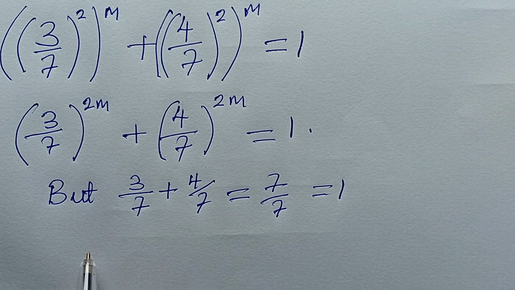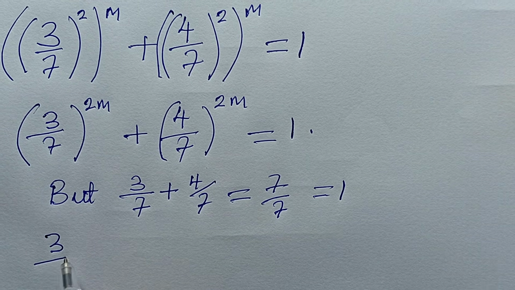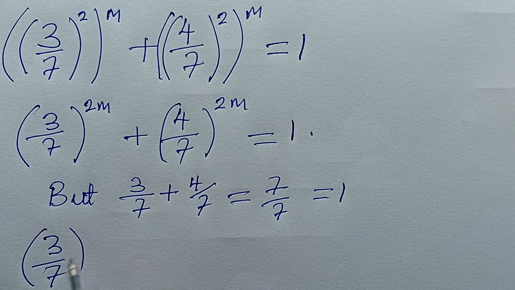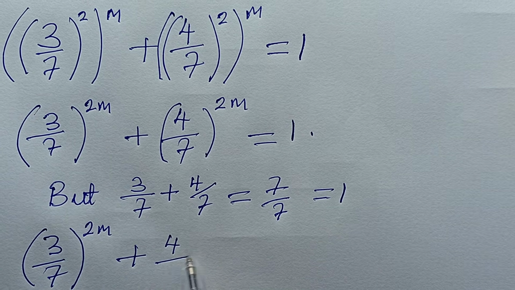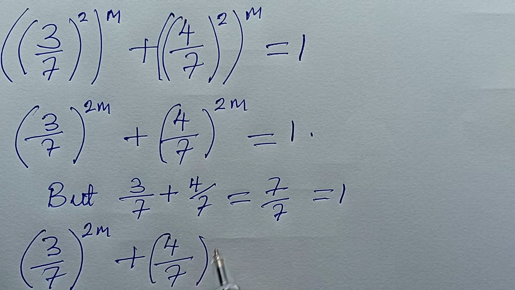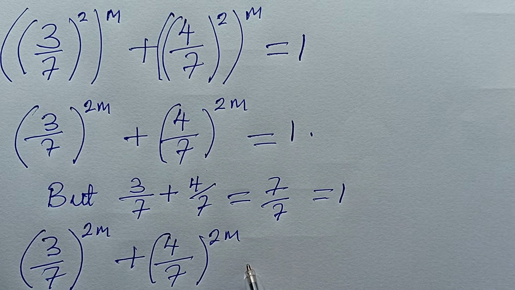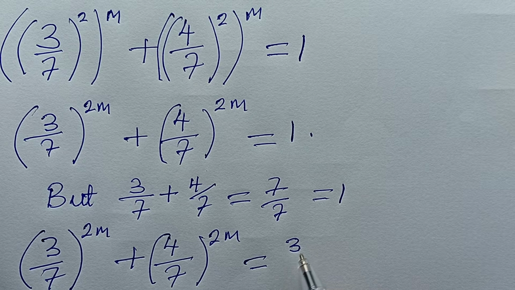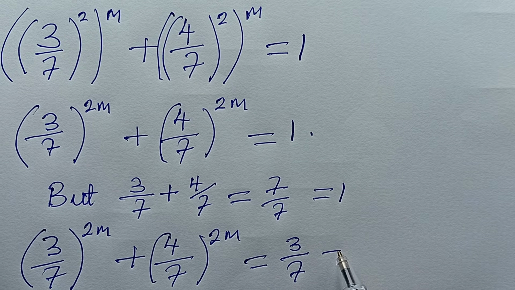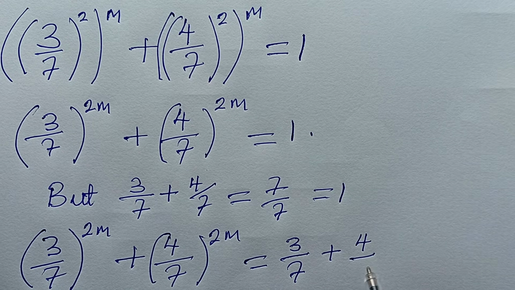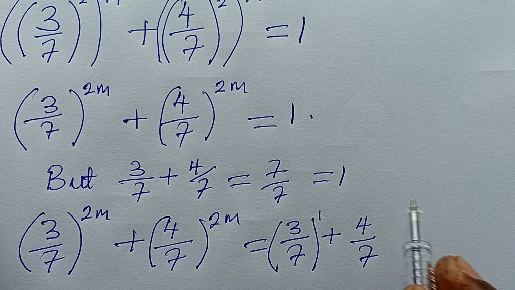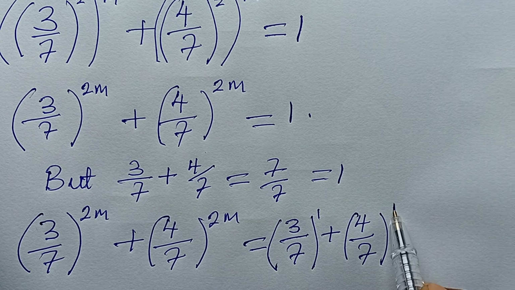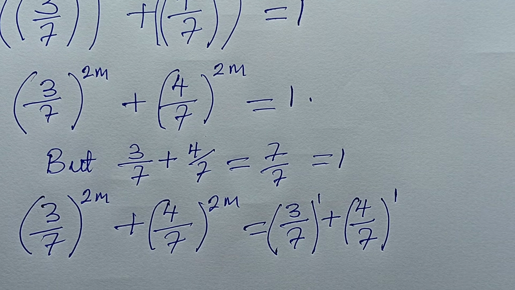And so this is going to give us (3/7) all raised to the power of 2m plus (4/7) all raised to the power of 2m is equal to (3/7) plus (4/7). So we can put this in bracket, raise it to power 1, put this in bracket, raise it to power 1. Okay, so what is the beauty of this?